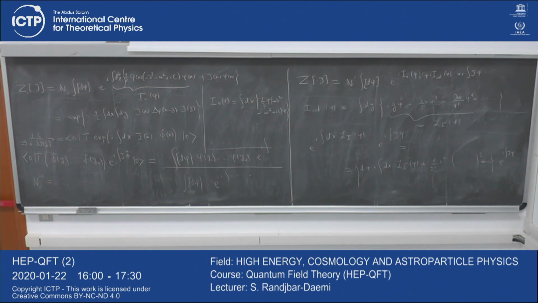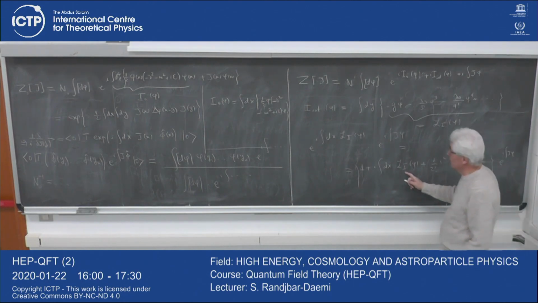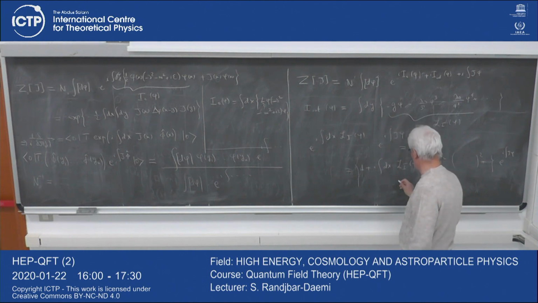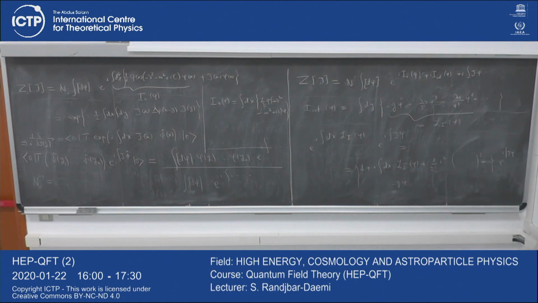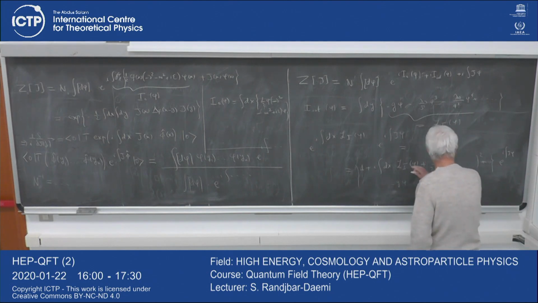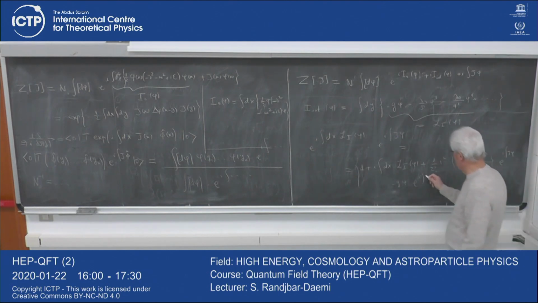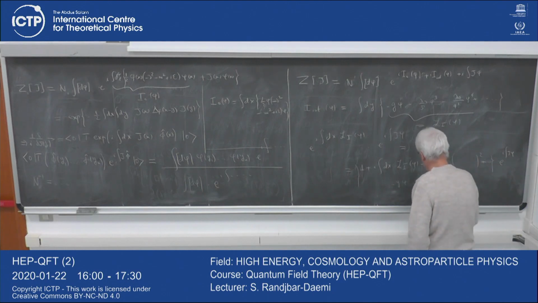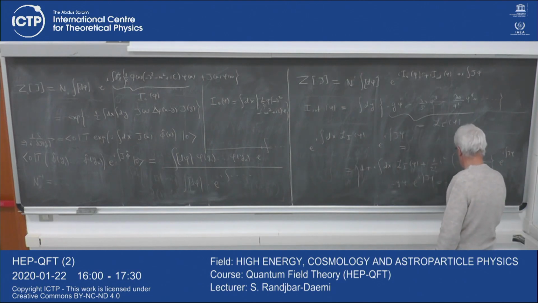Okay? So, we will consider each term in turn. Obviously, 1 times that gives you 1, it gives the same exponential. So here, let's just consider this first term, minus g times phi in the L interaction. You see that this times exponential, eventually everything is multiplied with exponential, can be written as minus g times 1 over i d by dj times exponential.